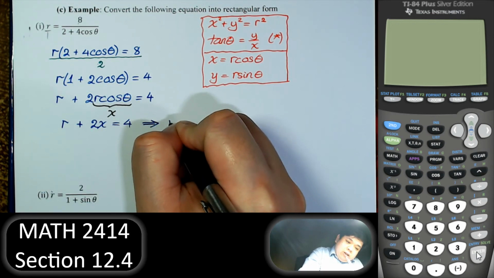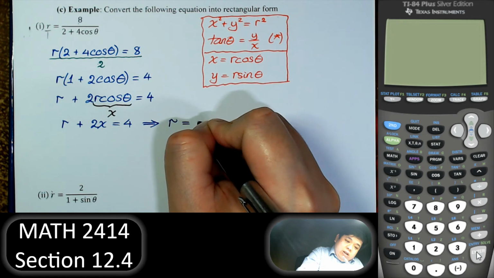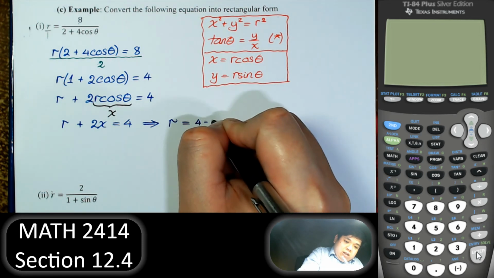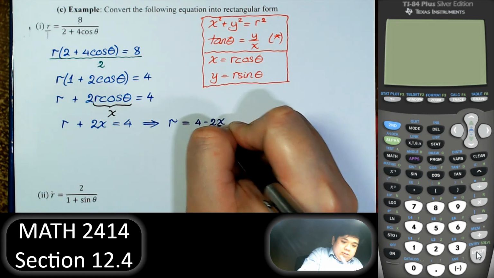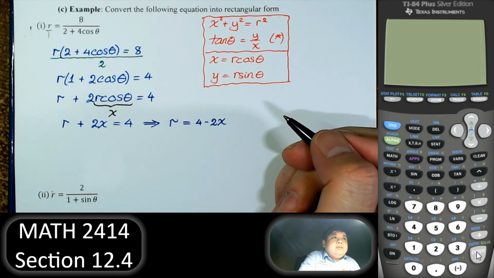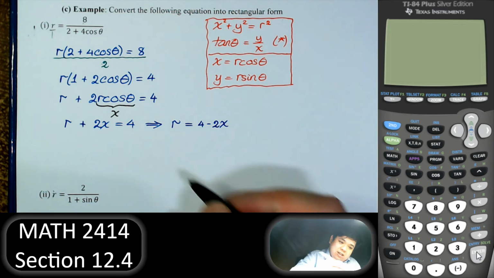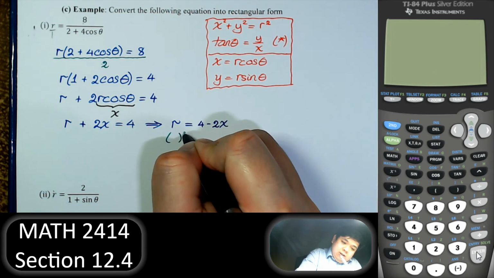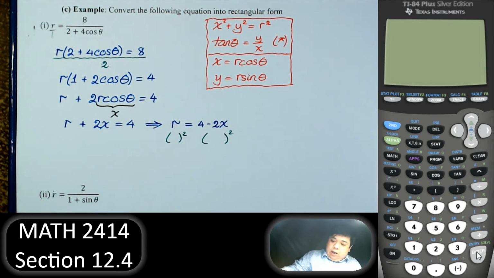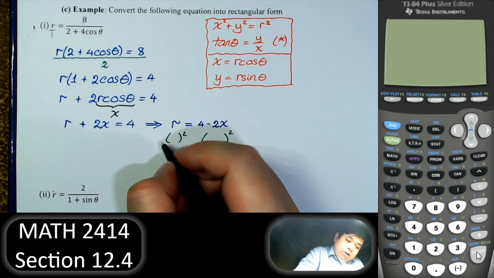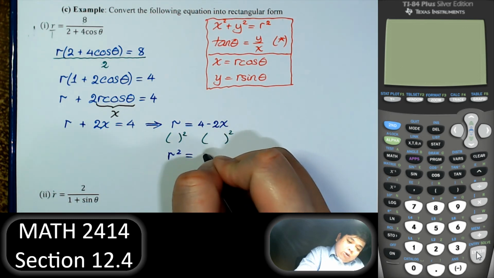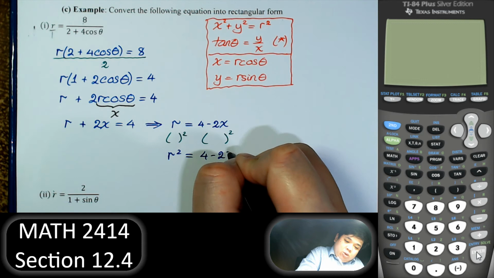We have r equal to 4 minus 2x. And now we can square both sides. When we square both sides, we'll have r squared equal to (4 minus 2x) squared.